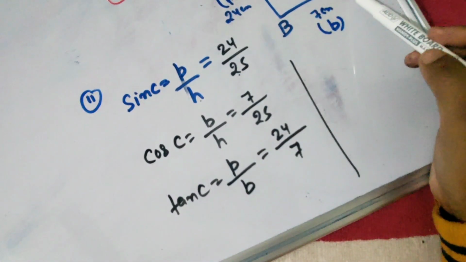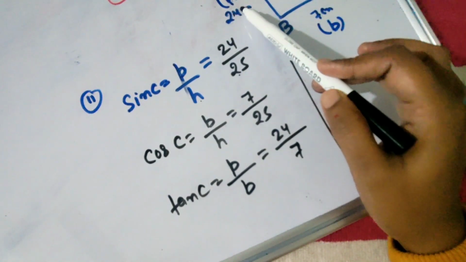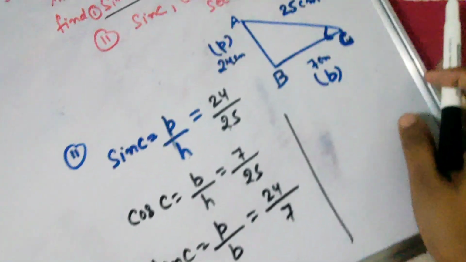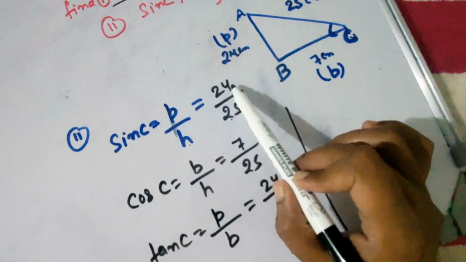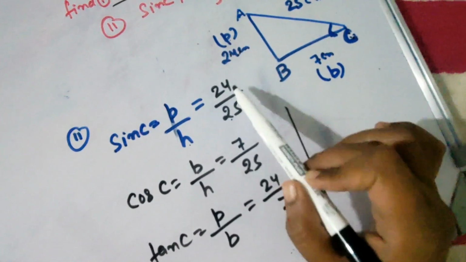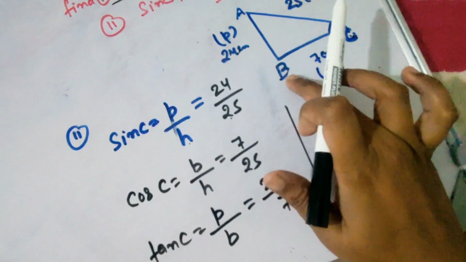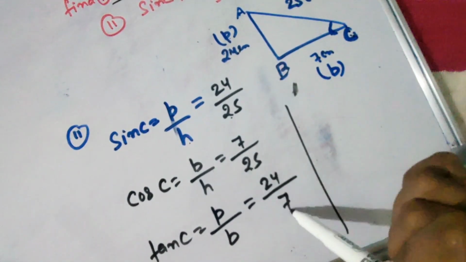This time for sine C, the side opposite to angle C is the perpendicular and the side adjacent to C is the base. So sine C equals 24/25, because the perpendicular is 24 and the hypotenuse is 25. Here cos C is 7/25, tan C is 24/7.